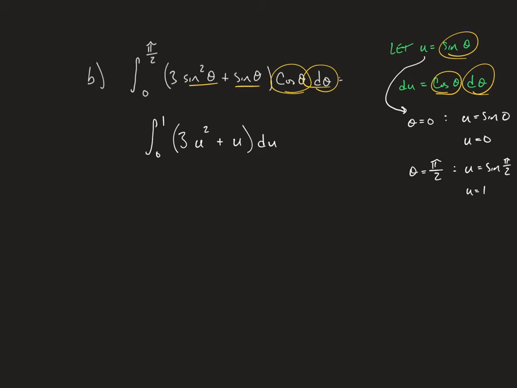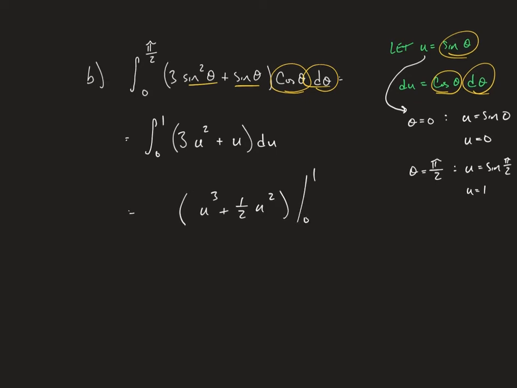Okay, so now I can take the antiderivative of 3u squared plus u, and that's going to be equal to u cubed plus 1/2 u squared, evaluated from 0 to 1, and now I can actually plug in these values.